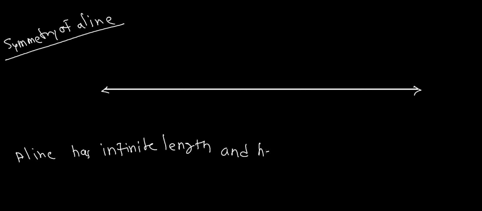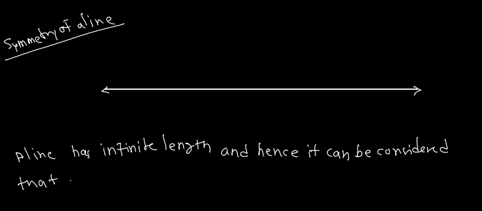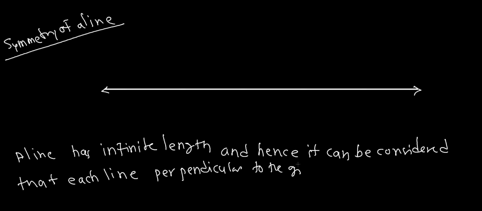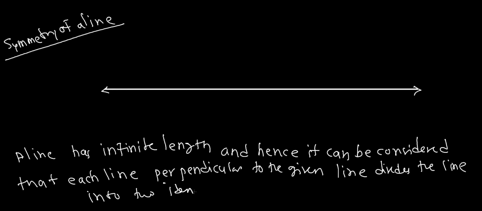And hence it can be considered that each line perpendicular to the given line divides the line into two identical halves.